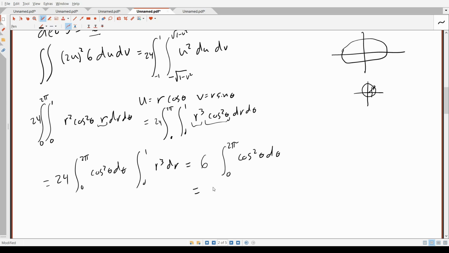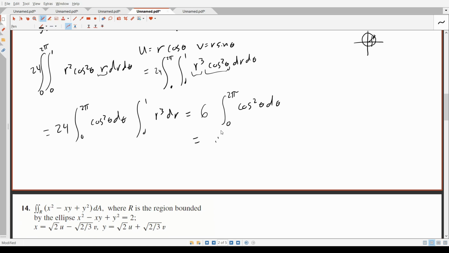Cosine squared, let's see, I'll just work this out by hand. I integrate from 0 to 2 pi, and I get 1 plus cosine of 2 theta over 2 d theta.